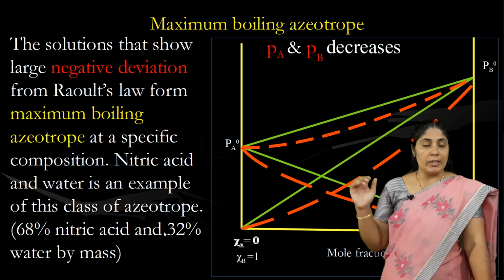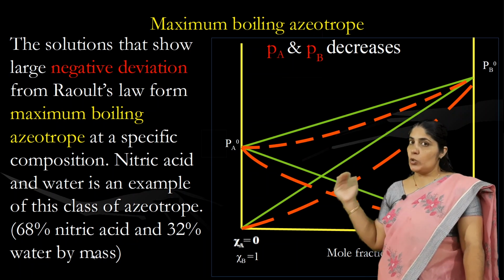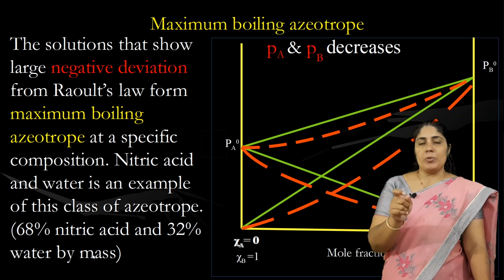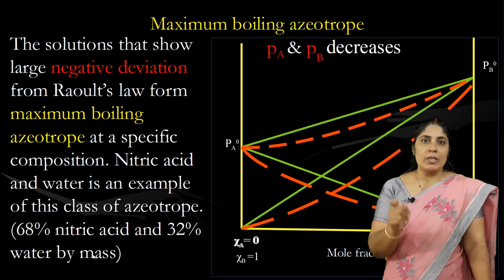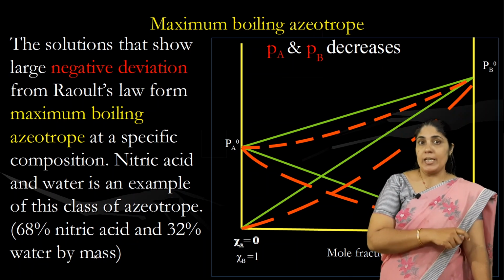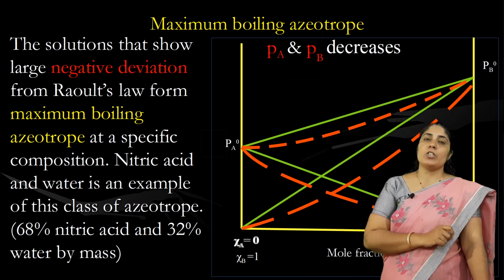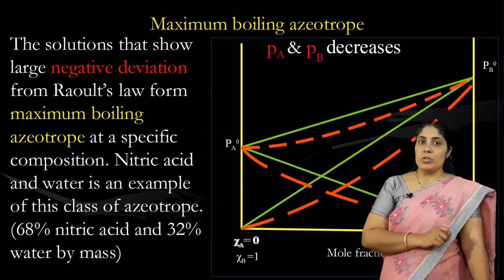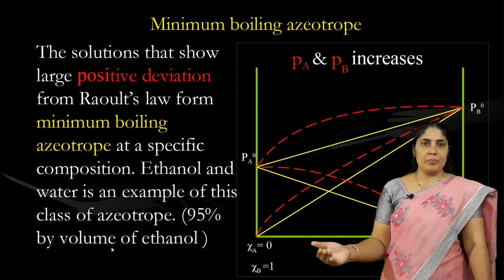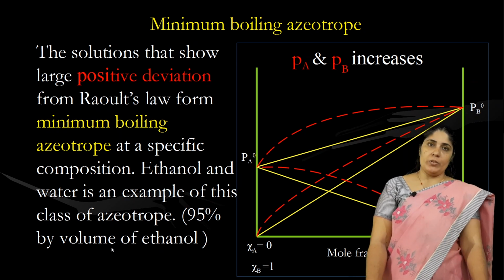You can see very clearly that when 68% nitric acid is mixed with 32% water by mass, that particular composition constitutes an azeotropic mixture. Since the example comes under the negative deviation category, we can say that negative deviation non-ideal solutions give maximum boiling azeotropes. Now, let's discuss the minimum boiling azeotropes.